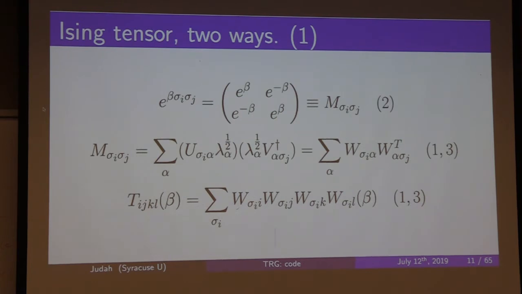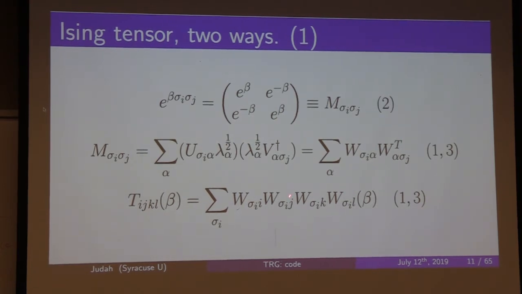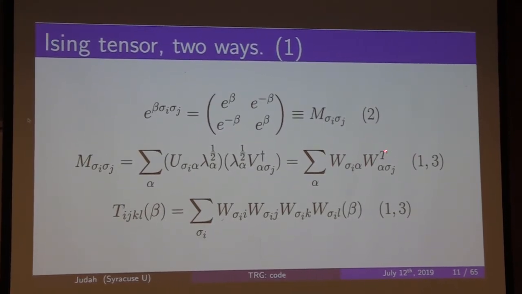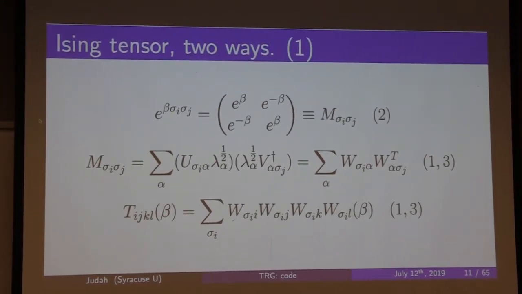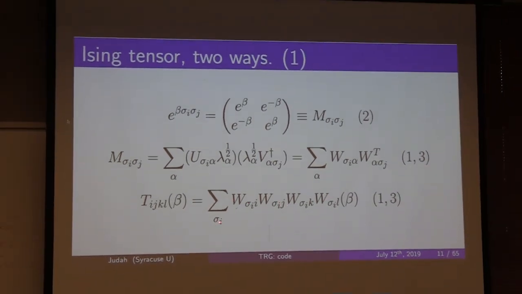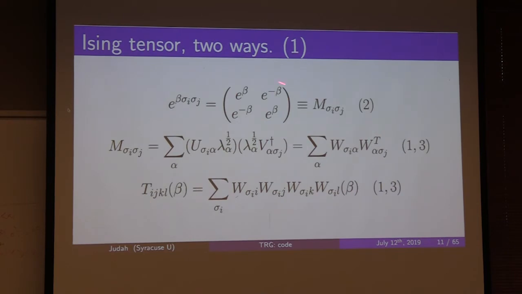Once you have this W matrix, you're going to sum over the first index of the W matrix, or transpose it and sum over the second. So sum over the first index for 4 versions of this. And so we've got to turn this into code.